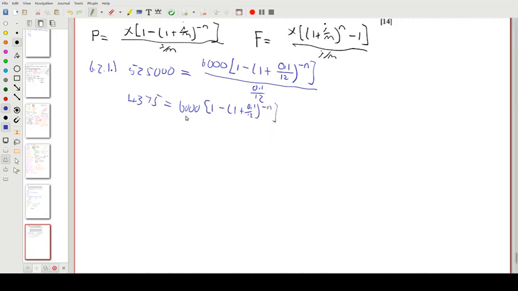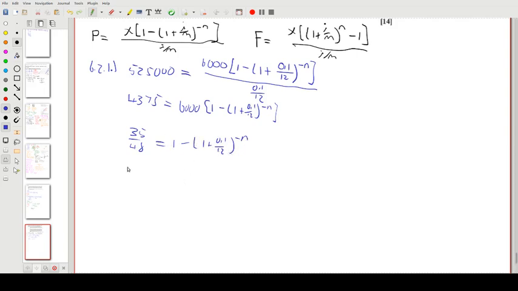Then we can go further, divide by 6,000, so 4375 over 6,000. If we simplify that, we get 35 over 48 equals 1 minus 1 plus 0.1 over 12, all raised to the negative n.